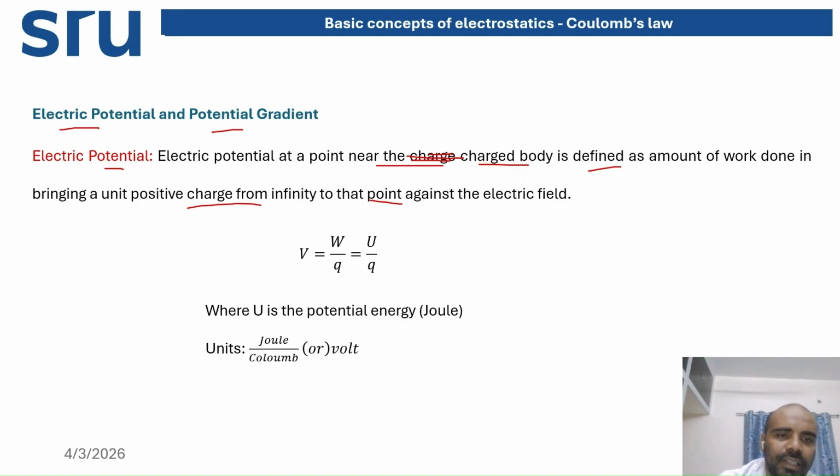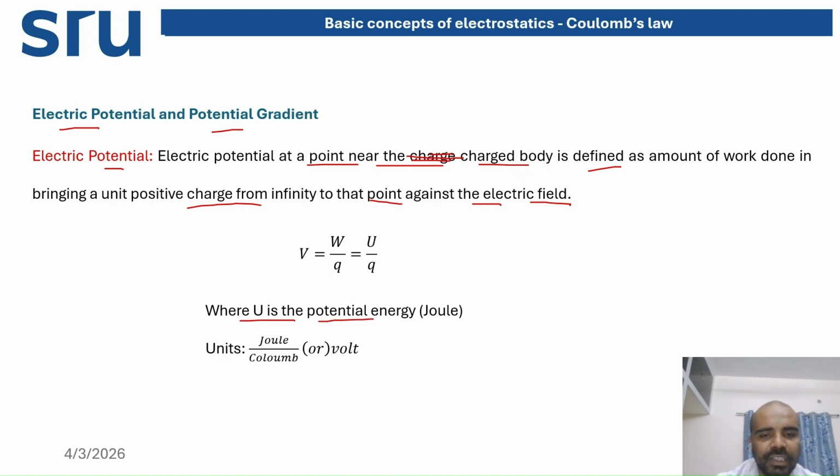So the electrical potential at a point near a charged body is defined as the amount of work done in bringing a unit positive charge from infinity to that point against the electric field, right? So V equal to W by Q or U by Q, right?